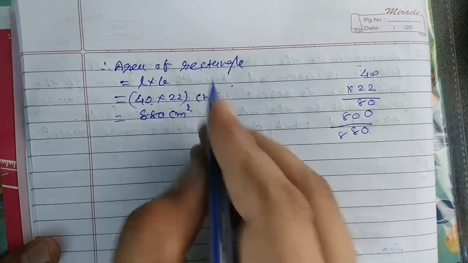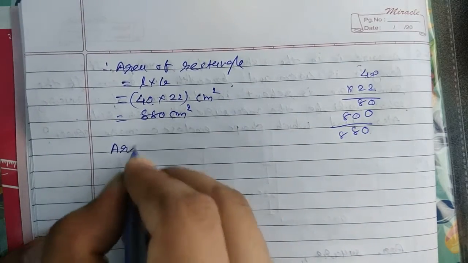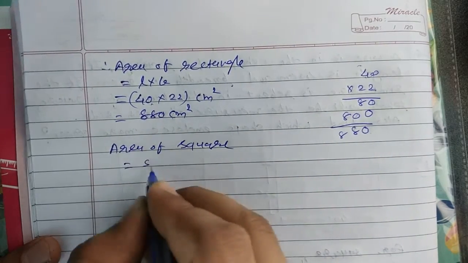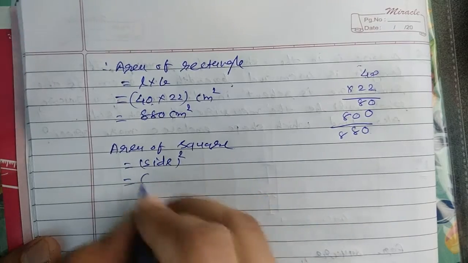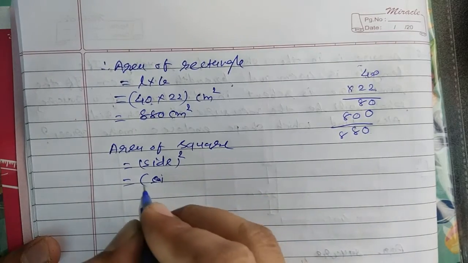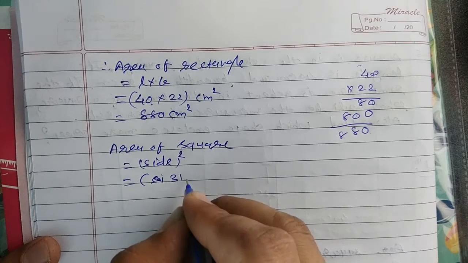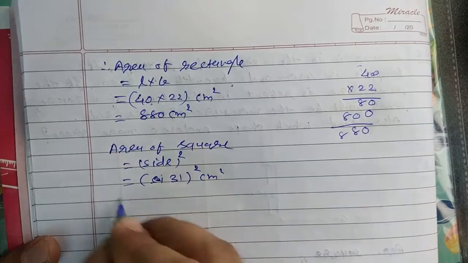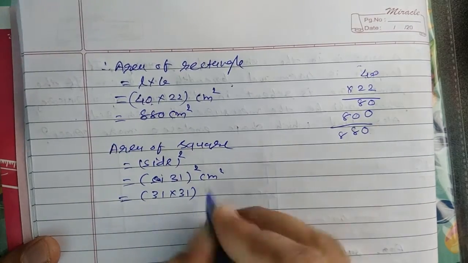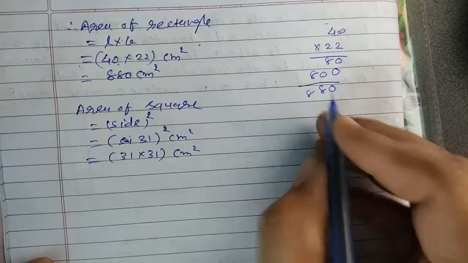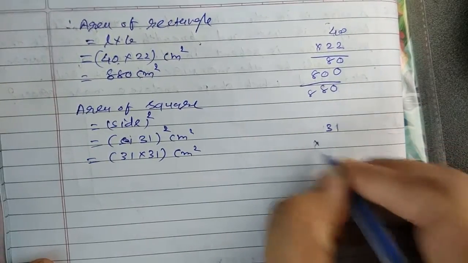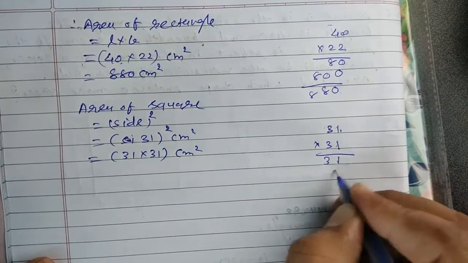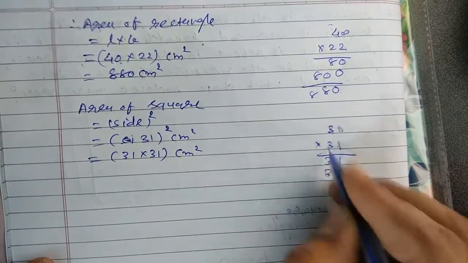So we have found the area of the rectangle. Now we will find the area of the square. Area of square is side square. The side is 31, so 31 square, and the unit will be centimeter square. 31 square is 31 multiplied by 31. 1 1s are 1, 3 1s are 3, then 0, 1 3s are 3, 3 3s are 9.